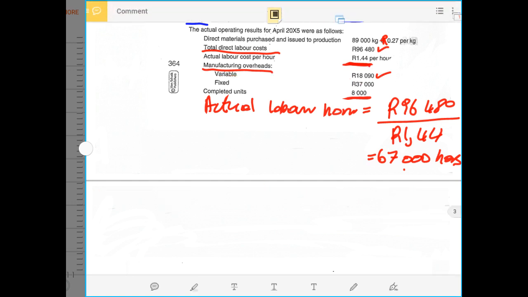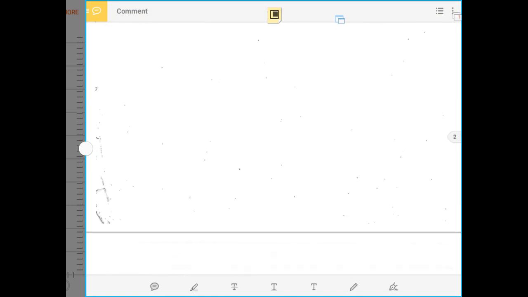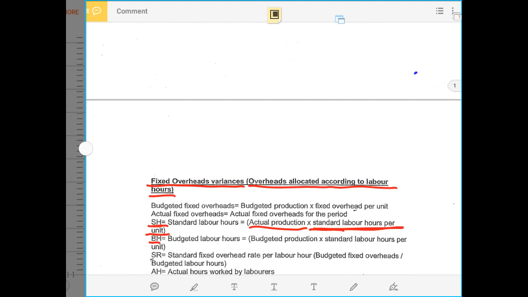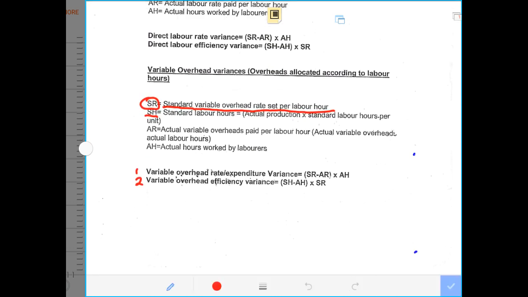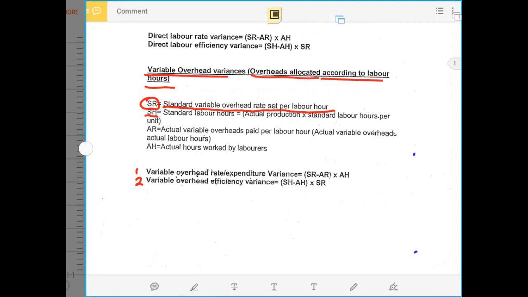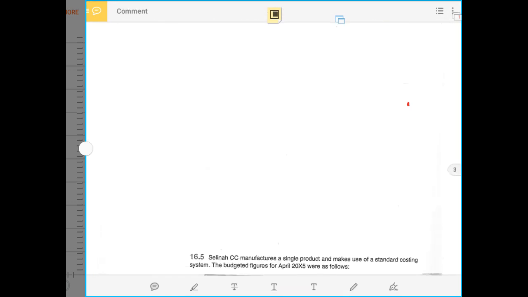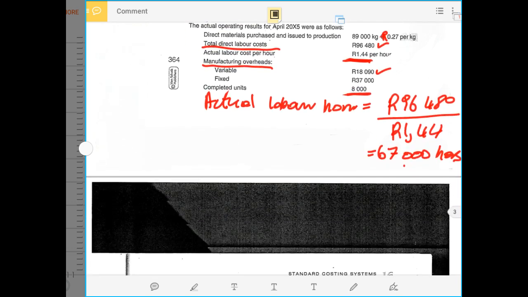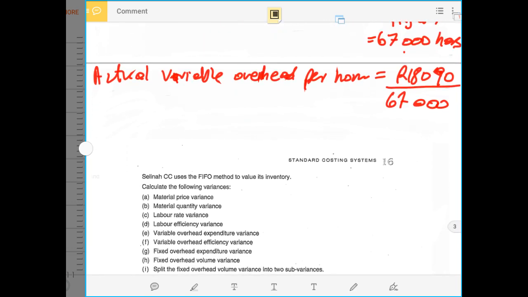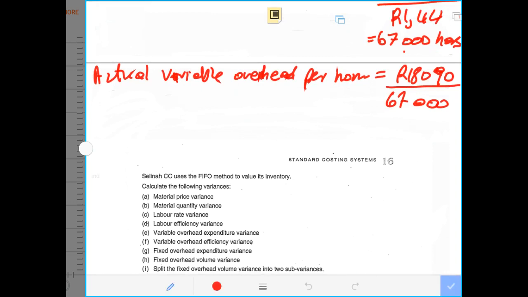Because in the variance I did specify, and it is mentioned clearly to you, that our variable overhead we allocate according to the labor hours. So if we have the labor hours, we can use them to calculate our overhead rate. That's why we divide that by 67,000 labor hours.